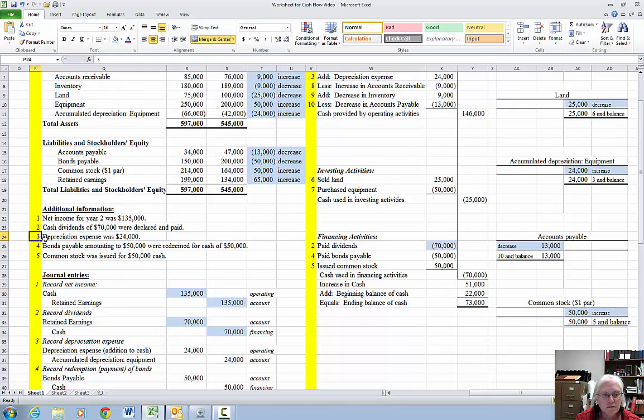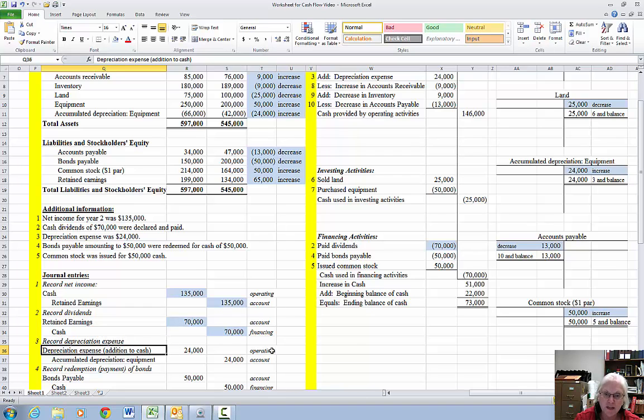All right, the next additional information is depreciation expense was $24,000. So journal entry number 3, we're going to record the depreciation expense by debiting depreciation expense and crediting accumulated depreciation. But remember, that didn't use cash, so we're going to add it back to our accrual basis net income.